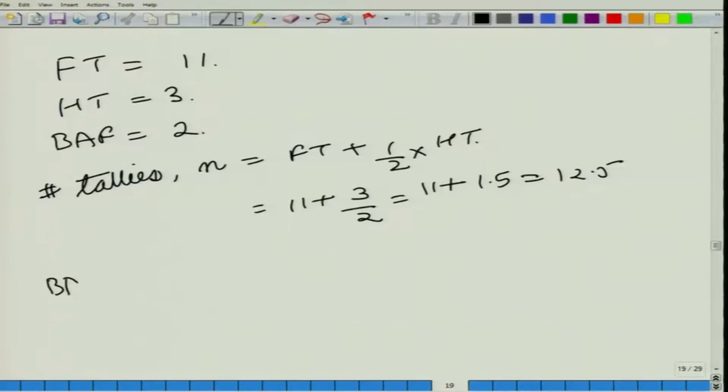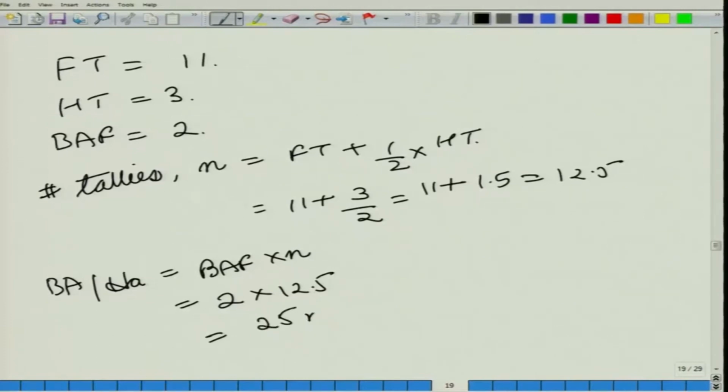The basal area per hectare is given by BAF times n, so here BAF is 2 times 12.5, which is 25 square meter per hectare. So, this is how we calculate the basal area density of a stand if we have the basal area factor and the number of trees in full tally and in half tally.